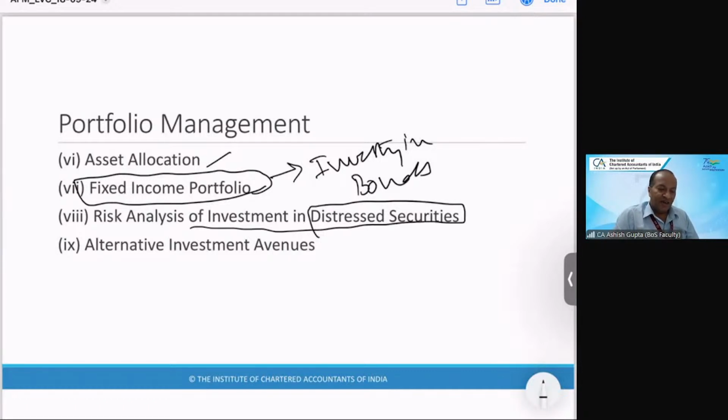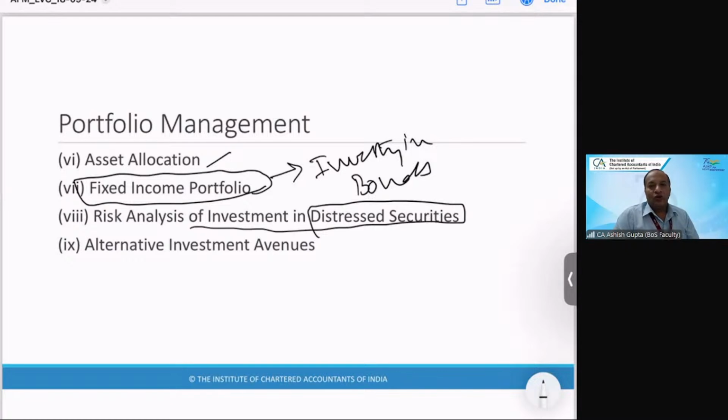Next comes alternative investment avenues. Students, the days are gone when investment avenues were limited. Today there are many investment avenues available, beyond our imagination, like hedge funds, real estate investment trusts, mutual funds, gold and other things.